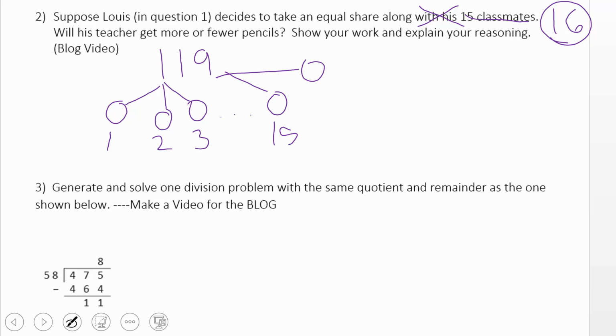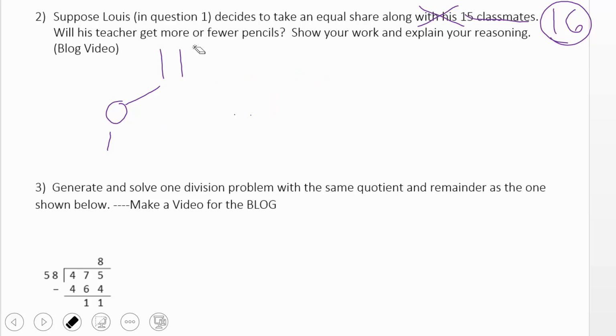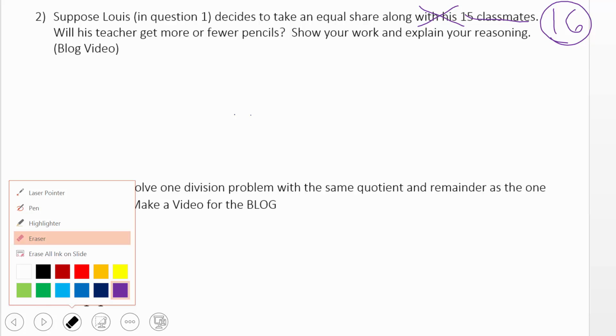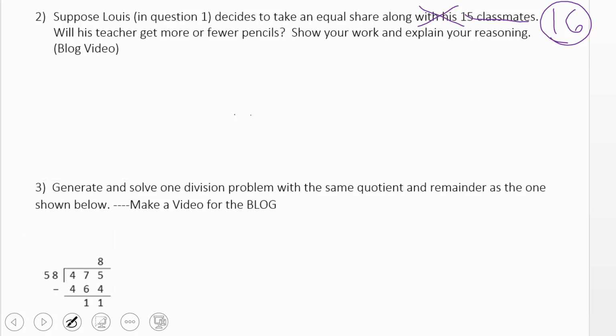I could, however, prove it, which I really love to do to prove my work. So I'm going to set up a division problem. Before, I divided 119 into 15 groups, right? And let's see what we got. Let's roll our tens and just see.